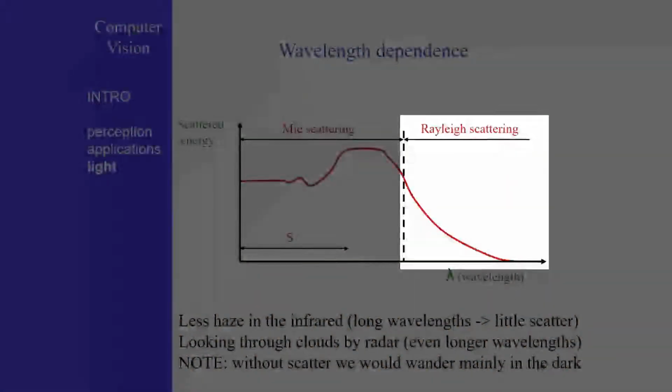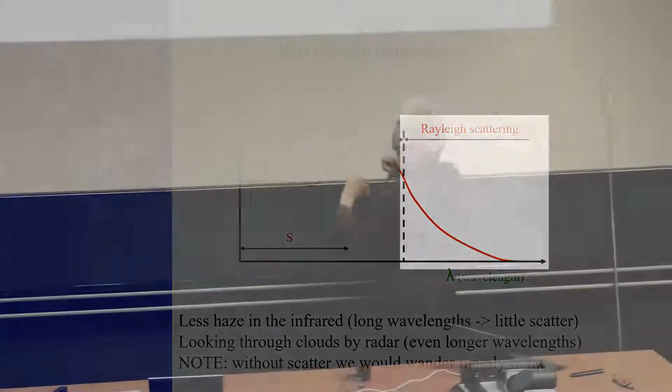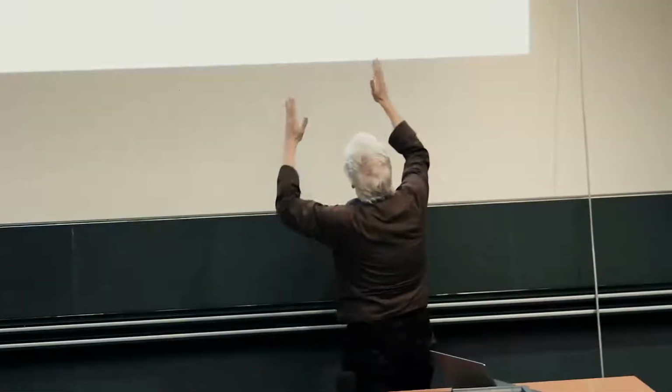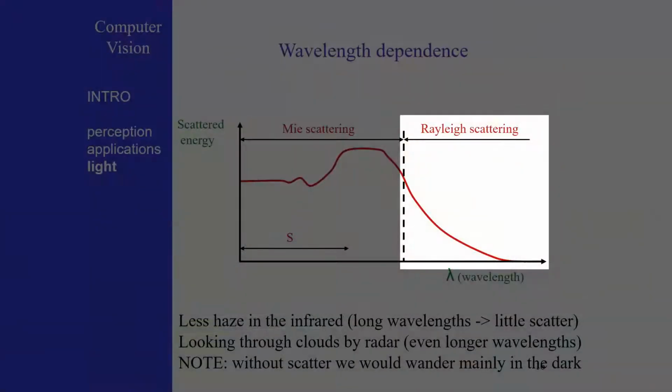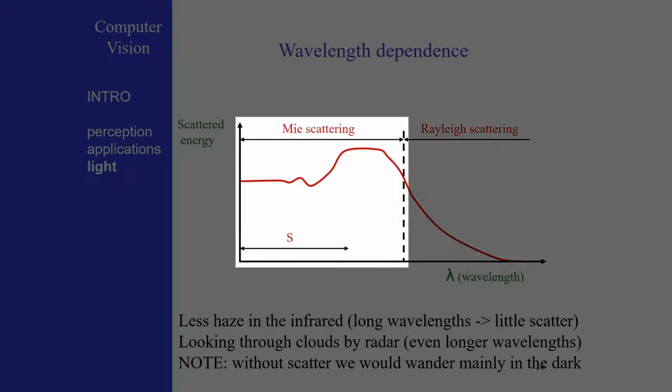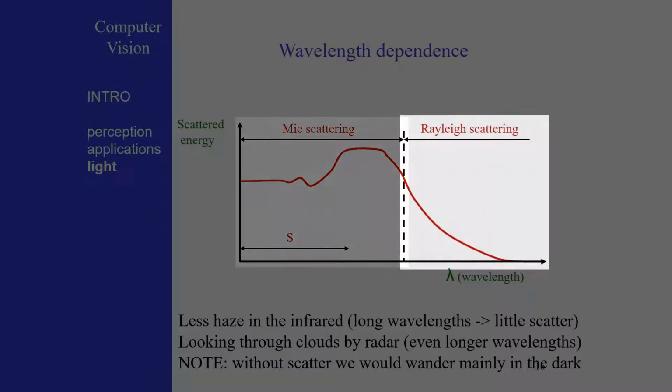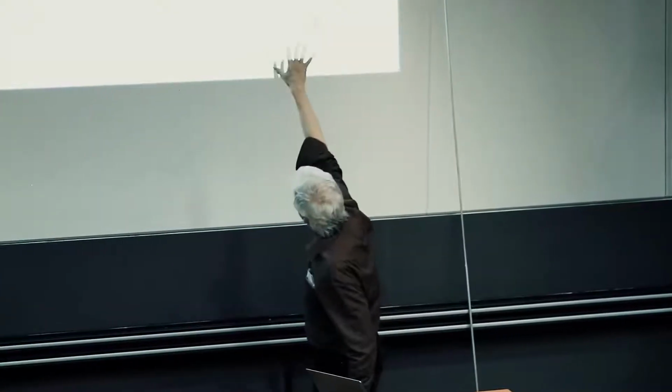First to the part on the right hand side. So this is the wavelength, the Rayleigh scattering part. And you see that in that part you have this fall off of the level of scattering with wavelengths. Shorter wavelengths are scattered more and longer wavelengths are scattered less. The amount of scattering is vertical, right? So less scattering for the long wavelength.